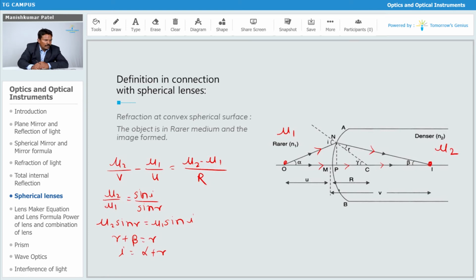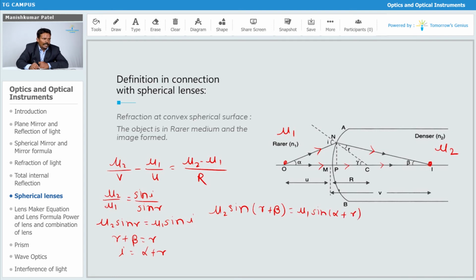Once you have this, mu2 sine of r, which I just told you is gamma plus beta, and then mu1 sine i, and sine i is nothing but alpha plus gamma.